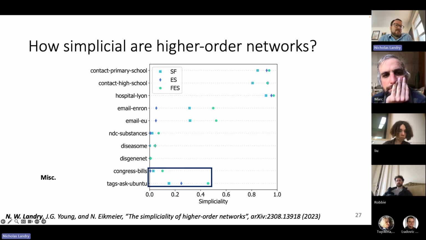And then the tags Ask Ubuntu seem to have some of the same characteristics as the email data sets. So more work can be done here, but it was nice to measure it and kind of see where data sets fall on this spectrum, where 0 is least simplicial and 1 is most.